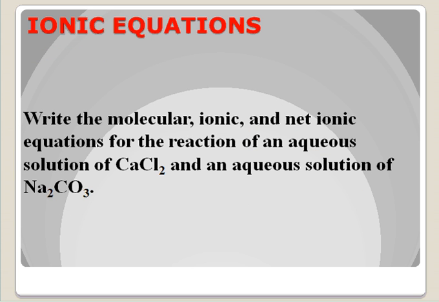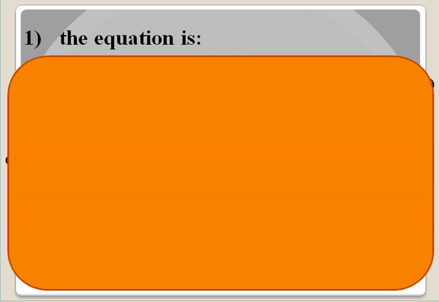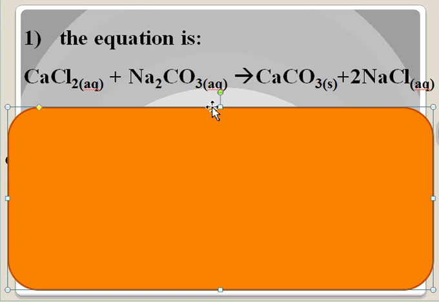So we know what ionic equations are. We've been doing this. So if we look at the molecular, ionic and net ionic equations for the reaction of calcium chloride and sodium carbonate, when we write this equation, we get CaCl2 plus Na2CO3 to produce CaCO3 and NaCl.